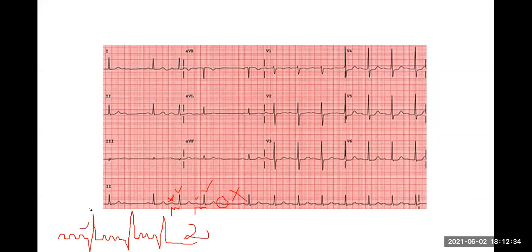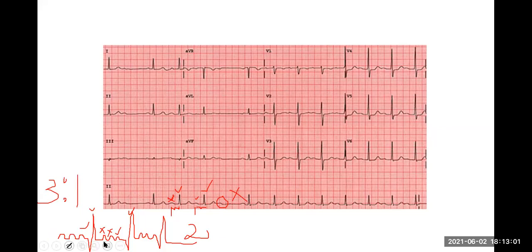Some P waves go, some P waves don't. Second degree block. So this is type 3, which is called a fixed ratio block. So this is a 3 to 1 ratio block. So you have 3 P waves to 1 QRS complex.